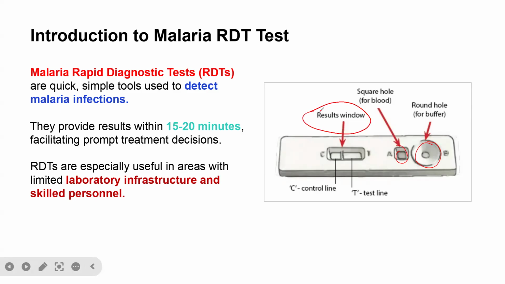So this is the result window, and in the result window, we have the control line, and then we have the test line. So these are the basic components of the RDT test. In the square hole, that is where we add blood, and the round hole is where we add buffer.